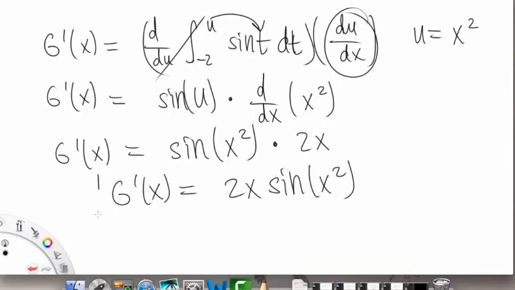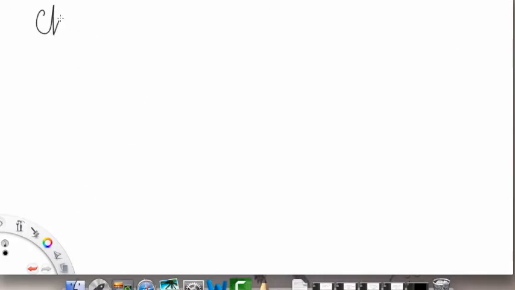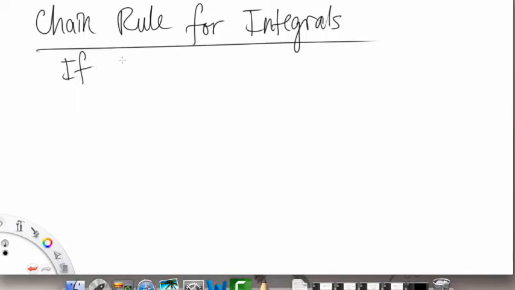Now that we've done that example, we'll state the general chain rule for integrals. It looks like the following. Let's say our g of x, like we just saw, is an area function with a u of x built inside.